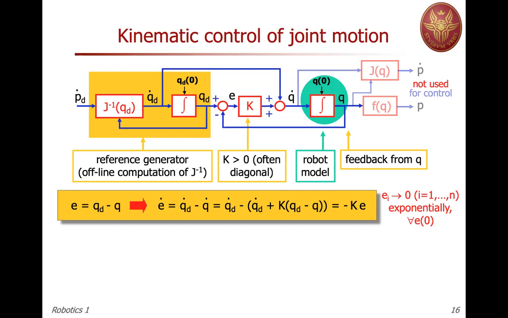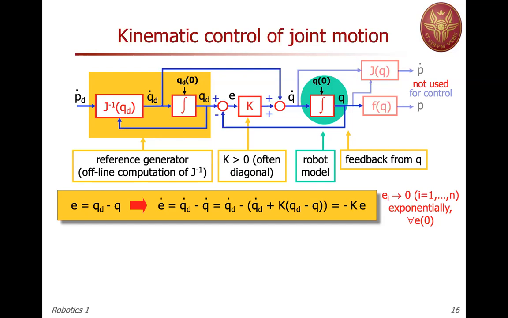So even if mathematically the exponential goes to 0 only at infinity, in practice, 2 or 3 time constants is equivalent to being at 0. Okay, so this is a very nice result.